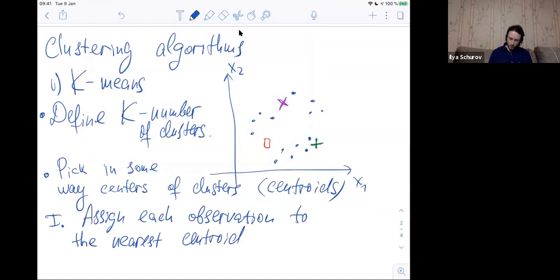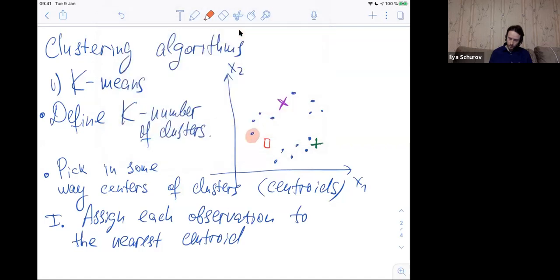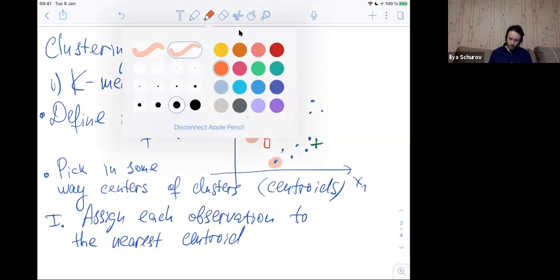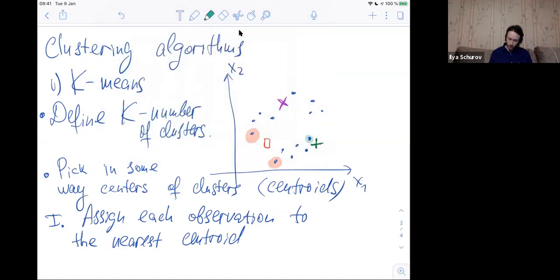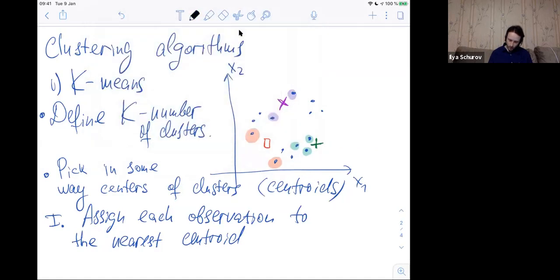So for example, this observation will be assigned to the right centroid as well as this observation, and these observations will be assigned to this green cross, and these observations will be assigned to this cross, and basically you can draw the following picture.